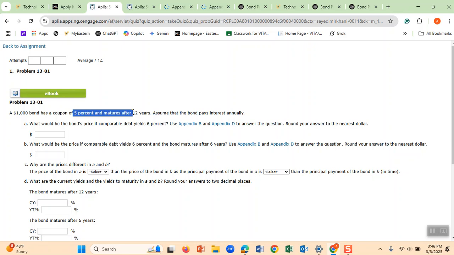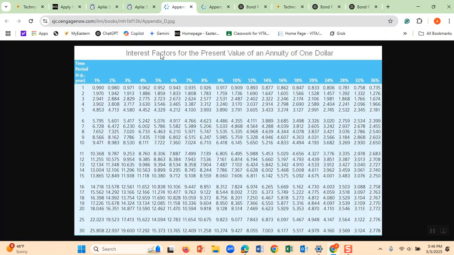We can calculate that, and this table helps us to calculate that. Do you see, this is 12 years, and then the annuity when the interest rates are at a certain amount.